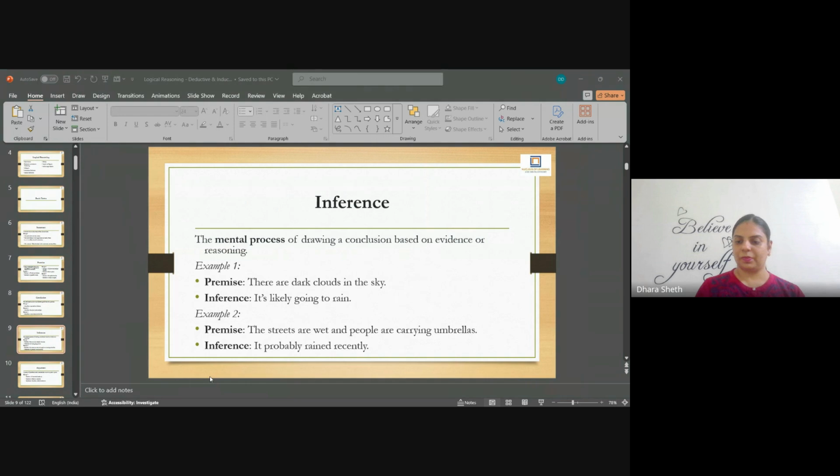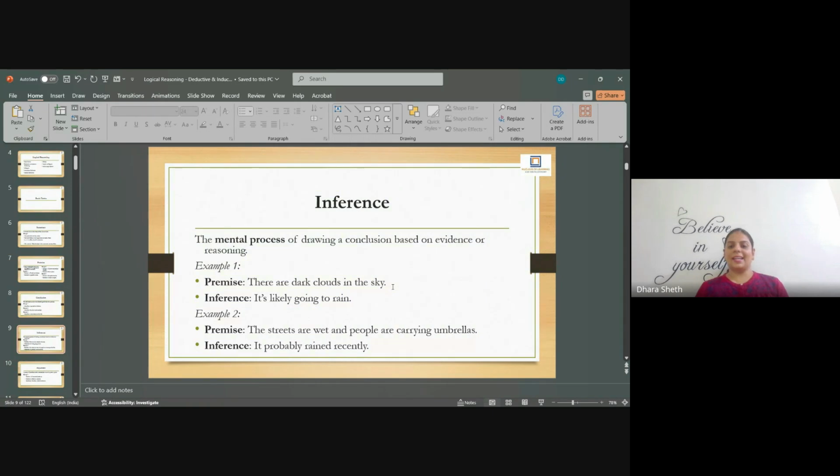Next is inference. The mental process of drawing a conclusion based on evidence or reasoning. For example, the premise is there are dark clouds in the sky. What's the inference?